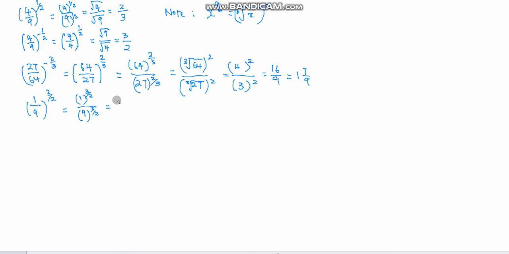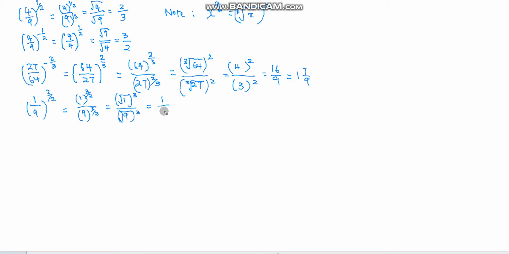Now, square root of 1 and then cube it. So square root of 9 and then you cube it. Okay, so this becomes 1, taking the positive value 1.